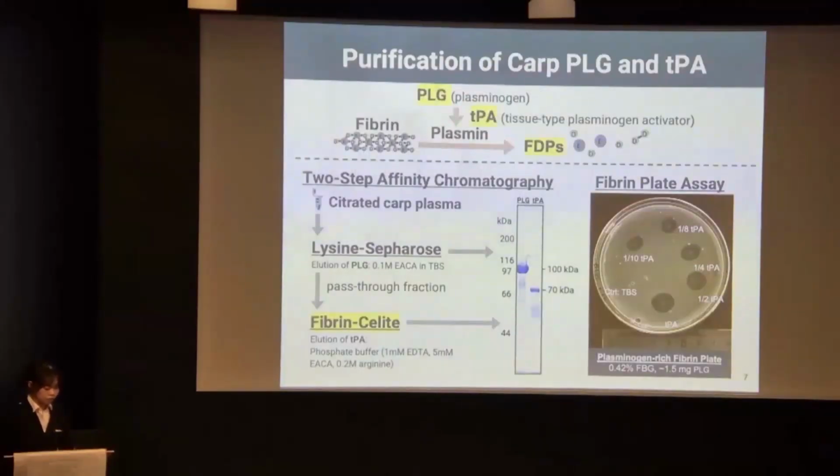Further, to produce FDPs, we had to purify plasminogen and plasminogen activators such as tissue-type plasminogen activator, tPA.